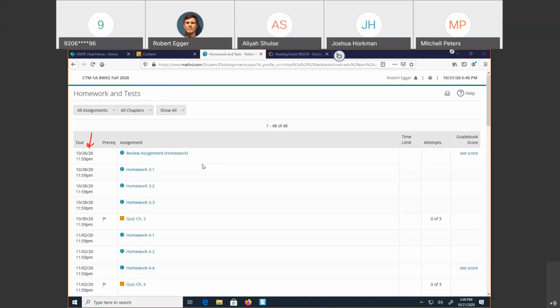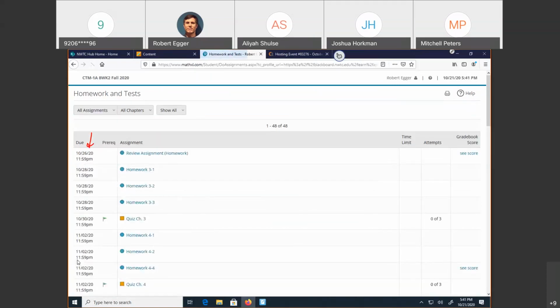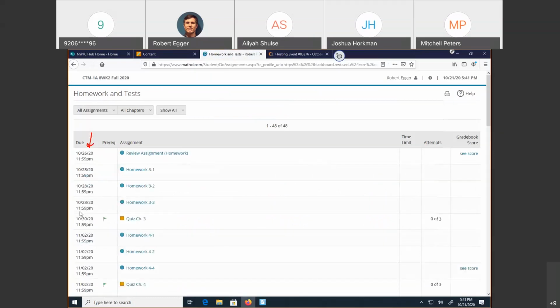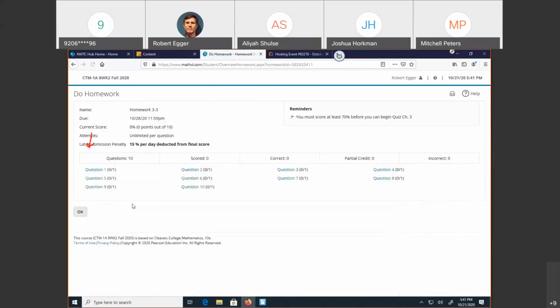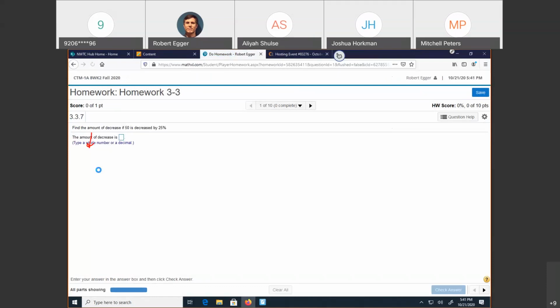Each homework set, probably the longest one is going to be the review one with 20 questions. All the other ones are generally 10 questions each. And typically each problem has just one part, a one shot deal.